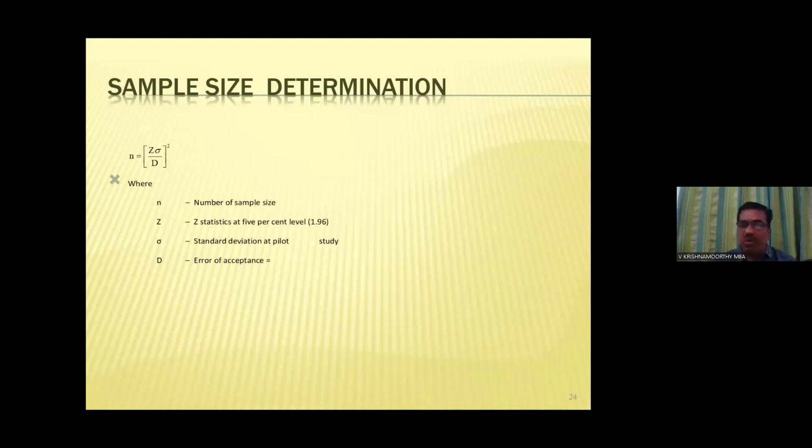Now you might ask another important question, sir. I am trying my level best to collect 800 or 900 samples, but if the respondent is not cooperating, what can I do? This is another problem, because there is no contractual relationship between the respondents and the researchers. It's only social obligations.